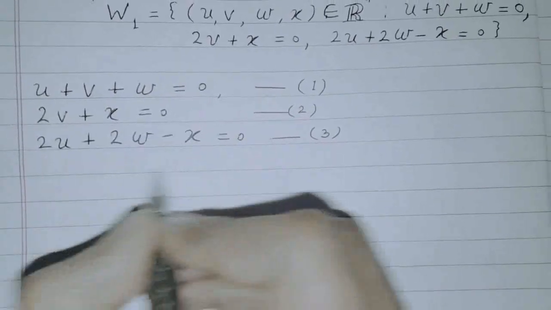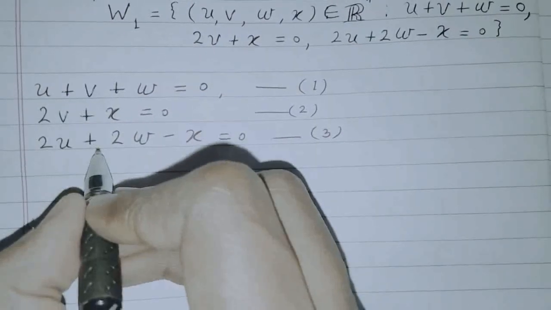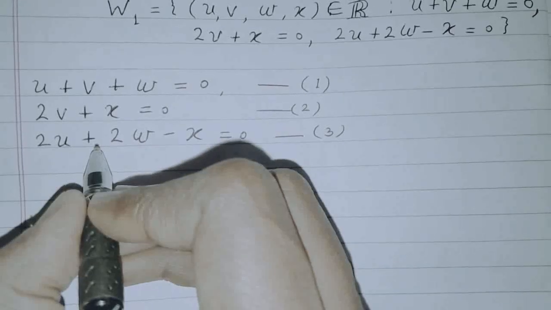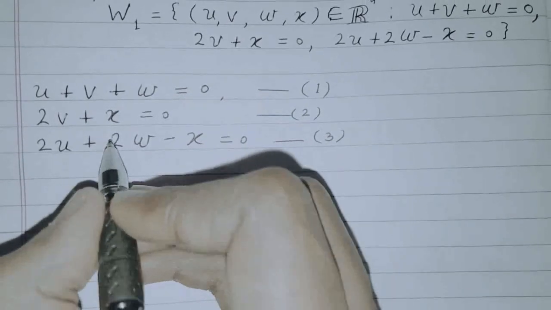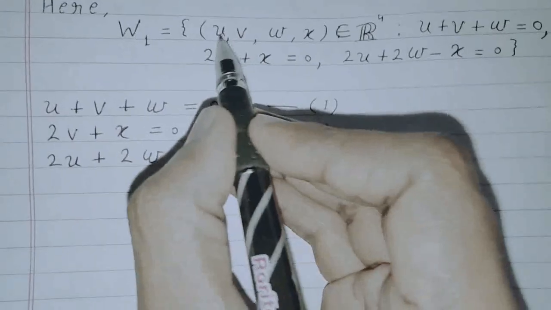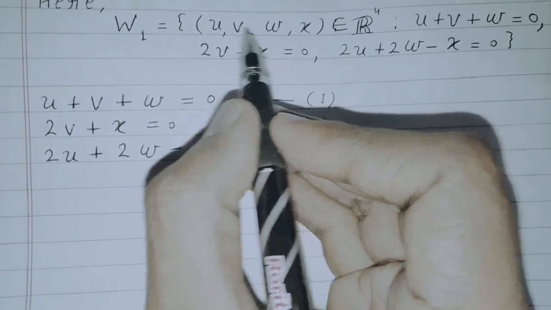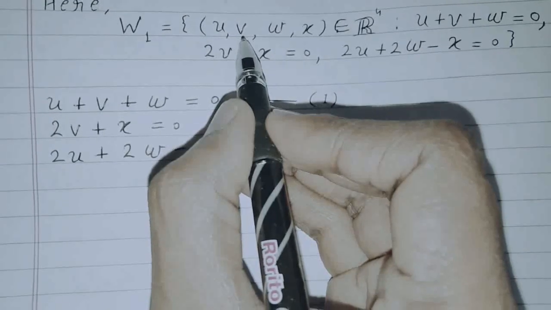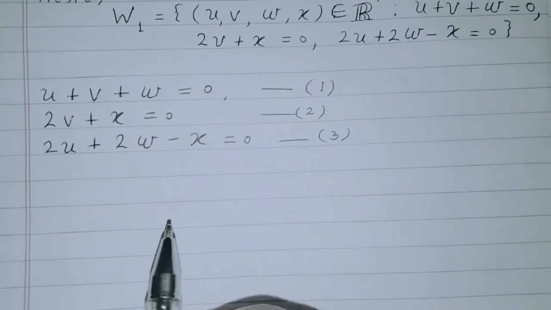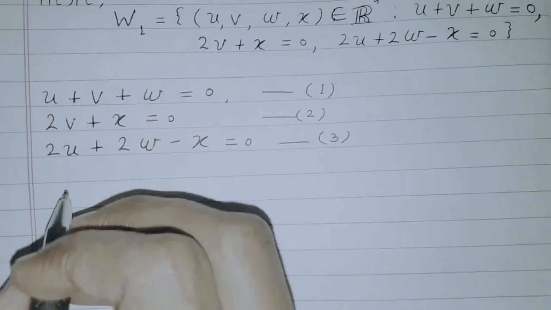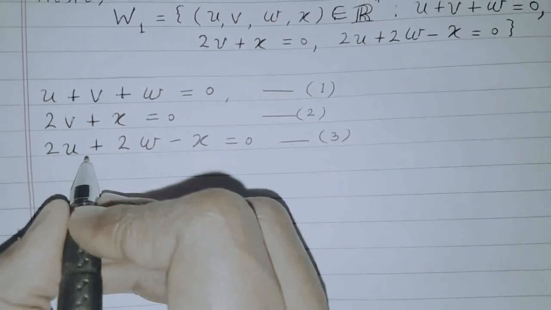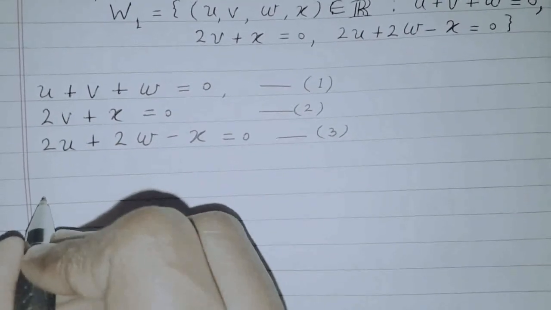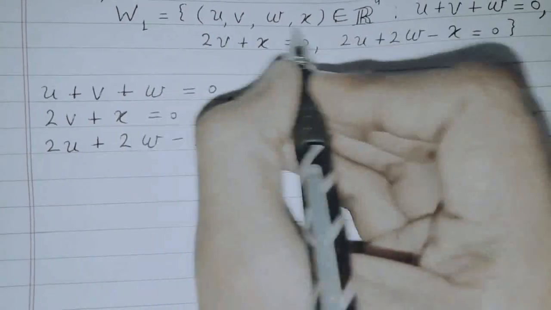Therefore, out of these three equations, only two are linearly independent, which implies only two of these four coordinates will be linearly independent. So we take u and v as linearly independent, and on solving these equations we obtain the following form of this vector in terms of u and v.